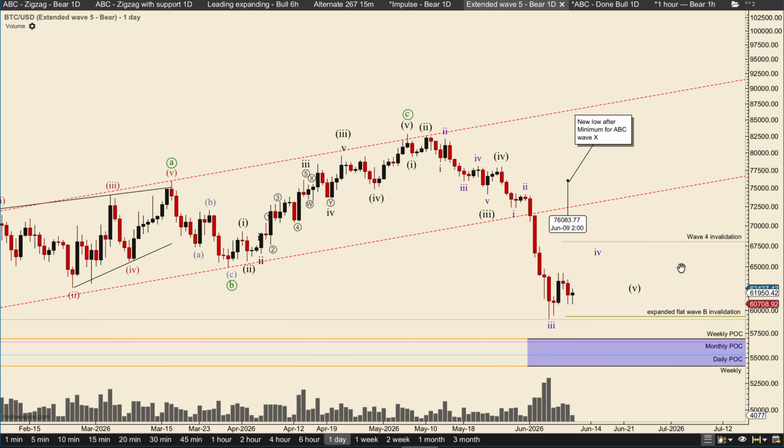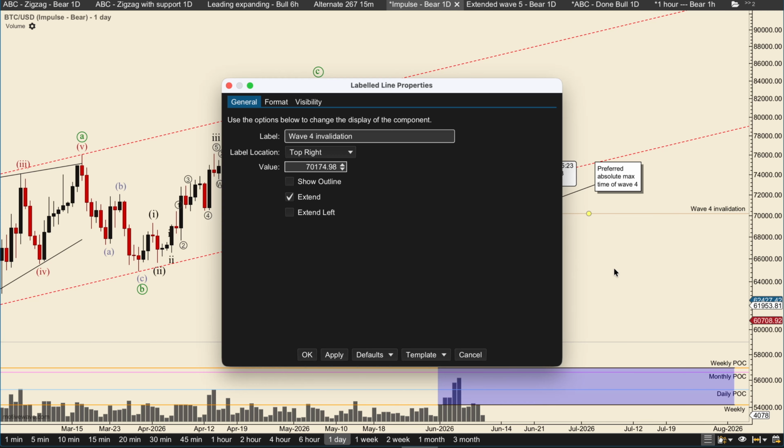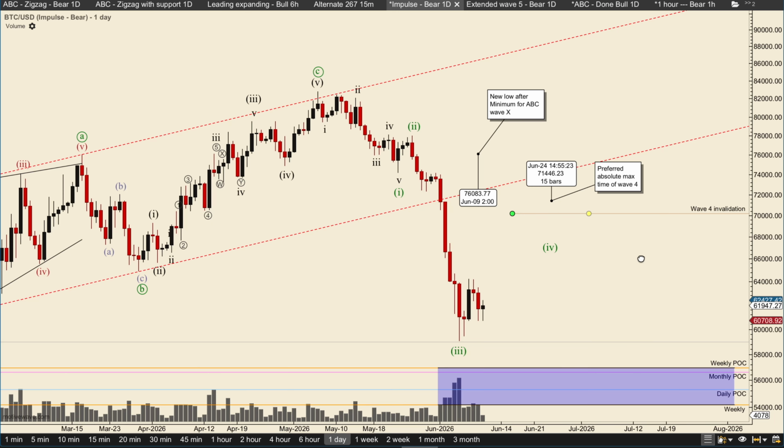So if we break this, the scenario doesn't really have an option at all. And this is basically the main scenario I'm looking at right now. So this is the wave 4 invalidation at 7174. So if we break this, then we are looking at the A, B, C kind of structure as the higher probability. But until then, this has the higher probability for me at least.